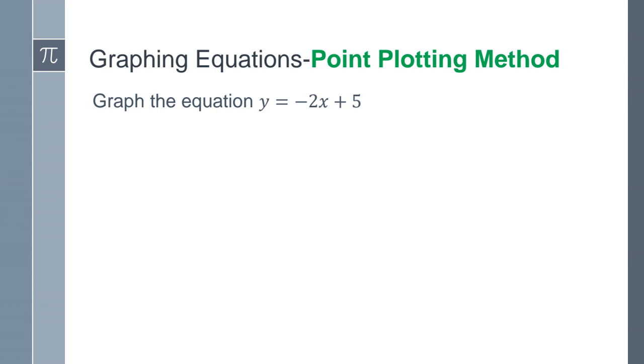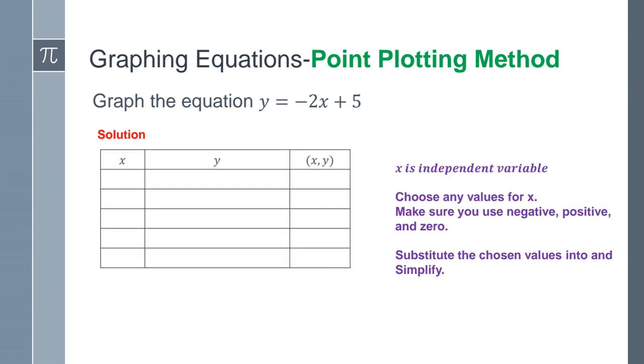The point plotting method is basically where we create a table with values for x and values for y, and our goal is to figure out what the ordered pair is going to be. x is the independent variable, so since it's independent, we can really choose any number we want for x, but we recommend that you use some negative, some positive, and always use 0 if you're able to. Then we substitute the x values into the equation and figure out what y is.